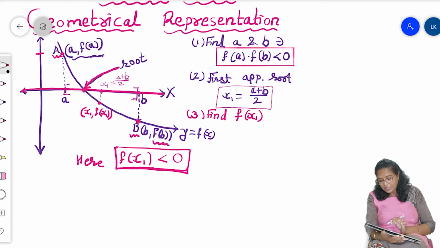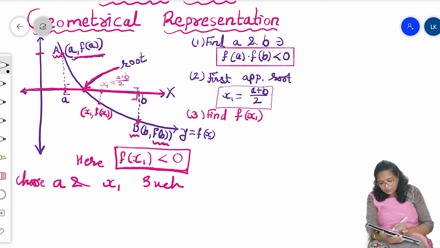So previously f(a) is positive. That means choose a and x1 such that f(a) times f(x1) is less than 0.